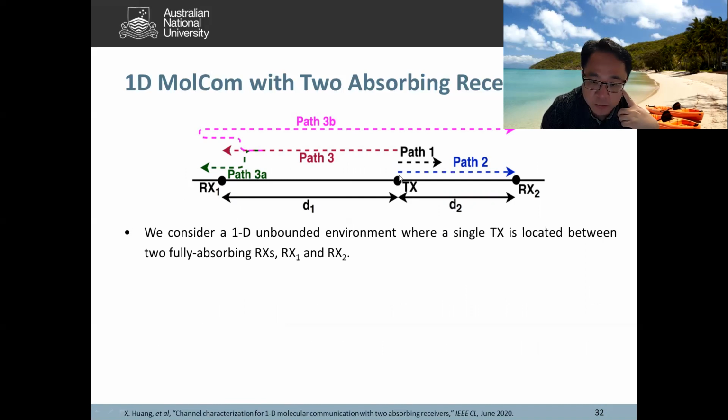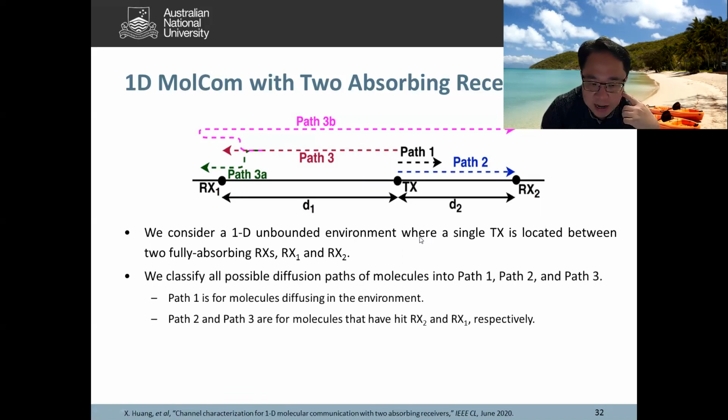So when the transmitter releases signals, the molecules will diffuse along this 1D line to either receiver 1 or receiver 2. In this scenario, we classify all possible diffusion paths of molecules into path 1, path 2 and path 3. Path 1 is for molecules diffusing in the environment, and path 2 and path 3 are used to represent the molecules that hit receiver 2 and receiver 1 respectively.